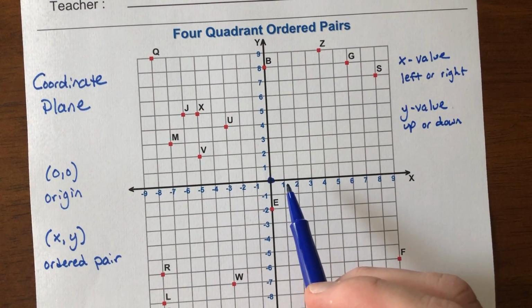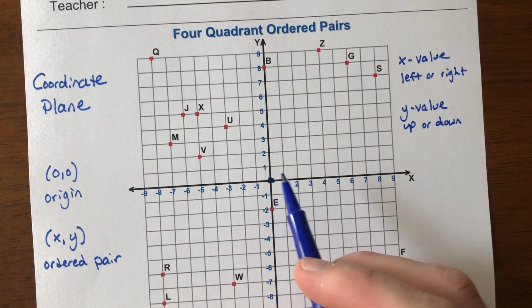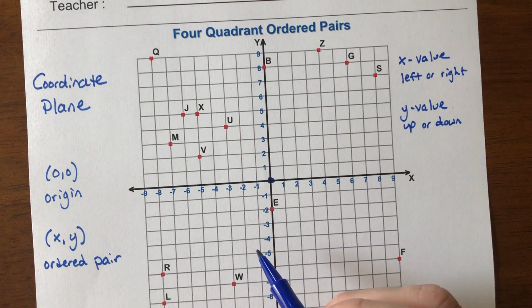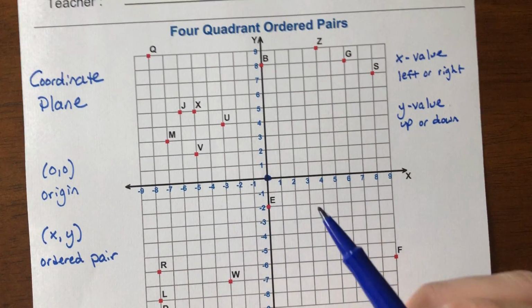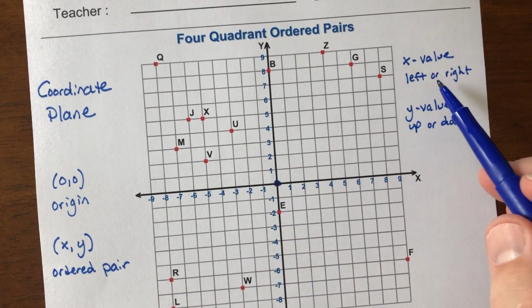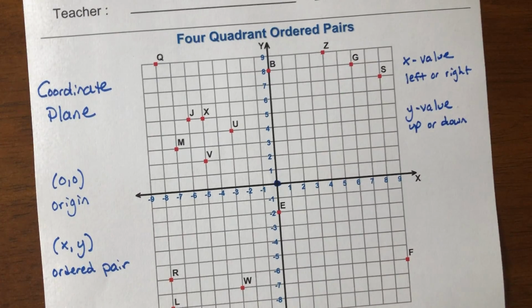When you graph, you go left or right first, and then up or down second. Left and right are the x values, and up and down are the y values.